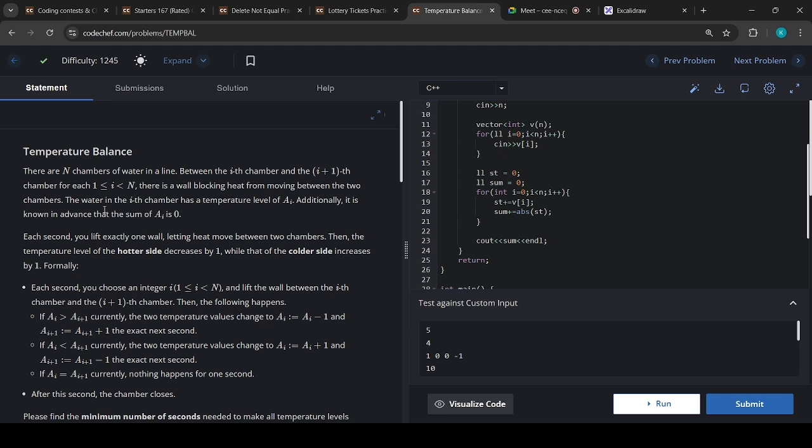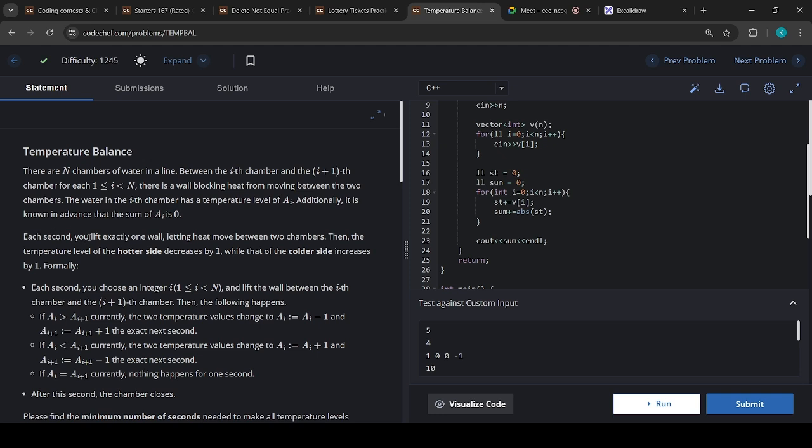Means we are having a wall between two chambers such that heat will not pass. And the water in the i-th chamber has a temperature level of A_i. Additionally, it is known in advance that the sum of all A_i is 0.